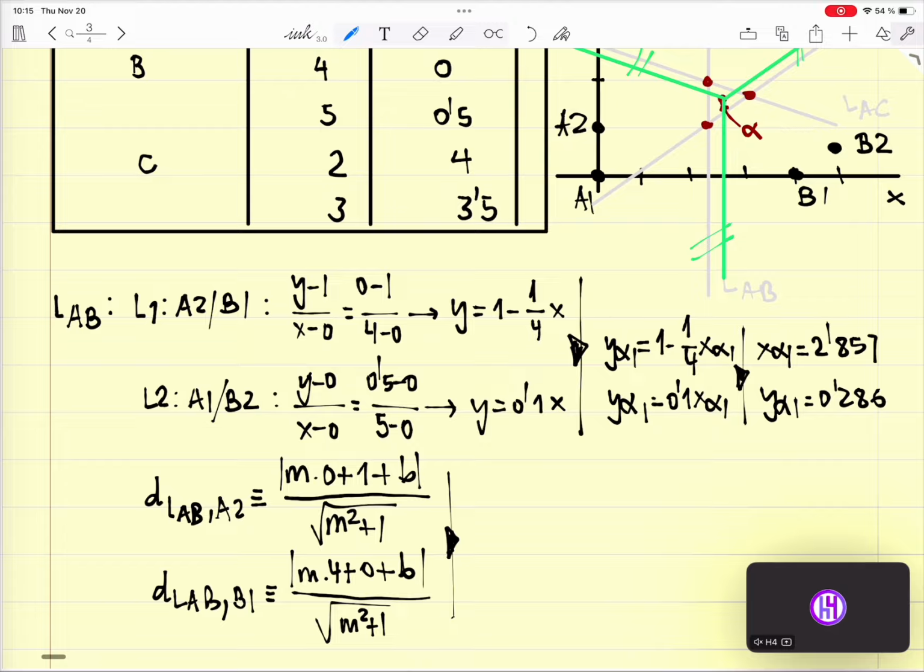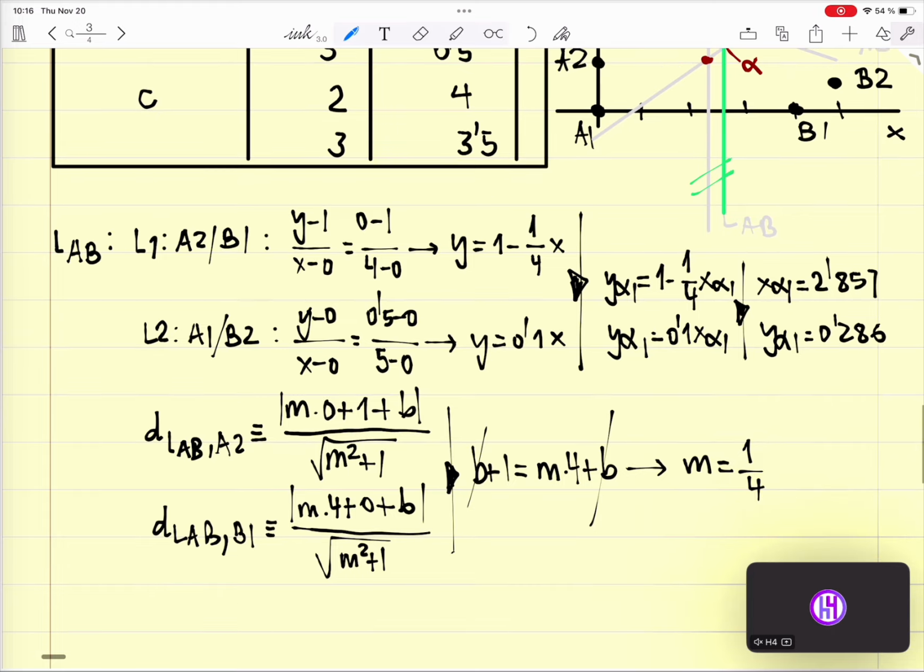Because both distances are the same, we get b plus 1 equals m times 4 plus b, and then m is 1/4.